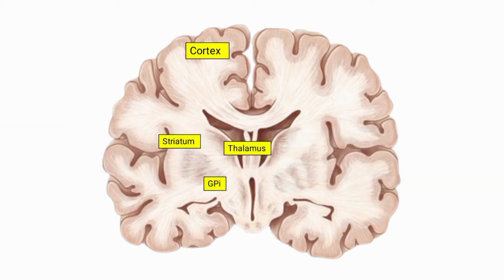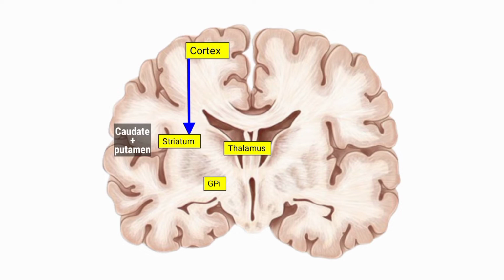As I said earlier, the cortex has to send its plan to the basal ganglia, which will send it back to the motor cortex. So we have to go from cortex to the basal ganglia and then back to the cortex. The neurons in the cortex will send their axons down to the striatum, which is actually made up of the caudate nucleus and putamen.